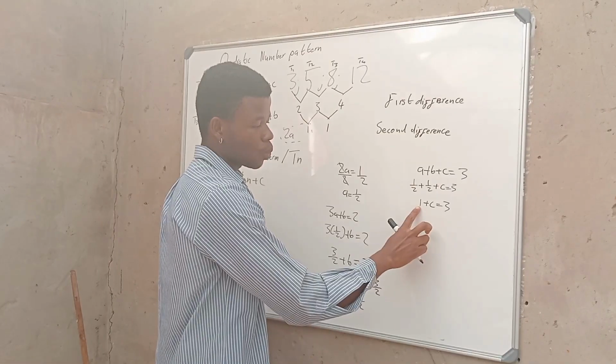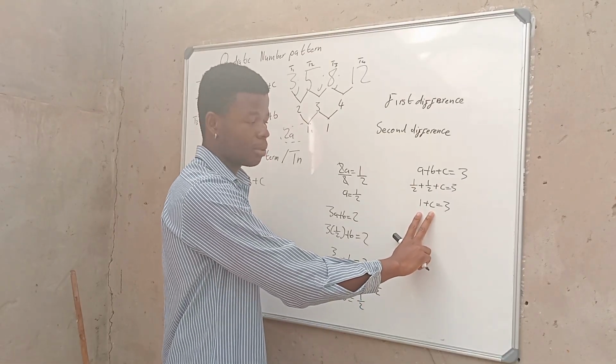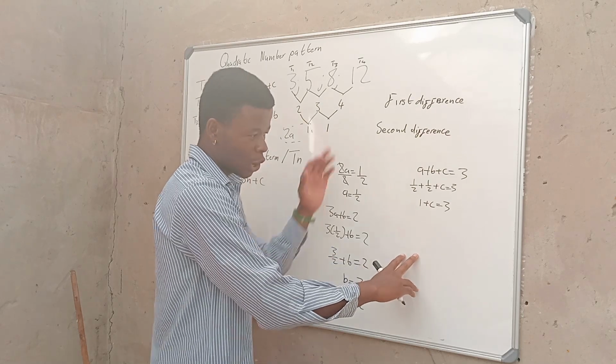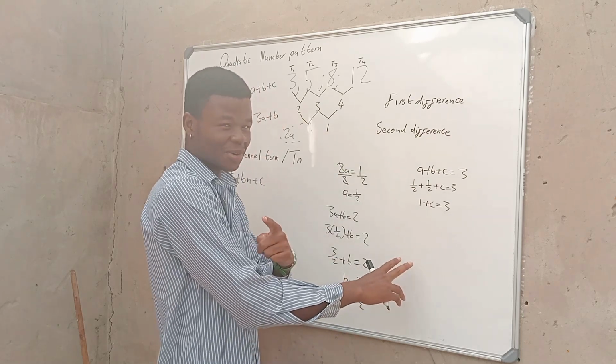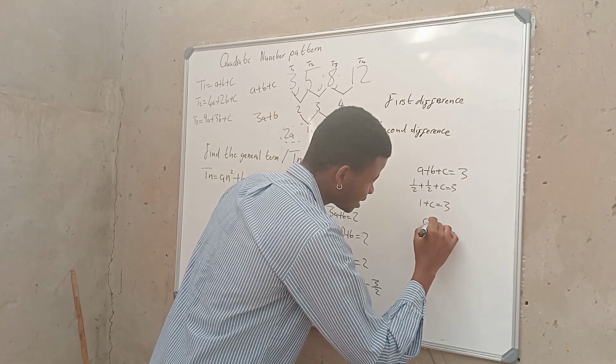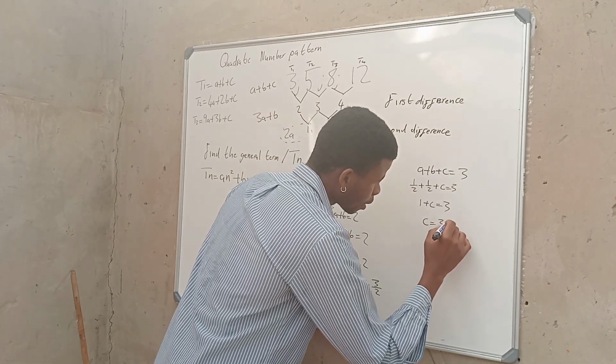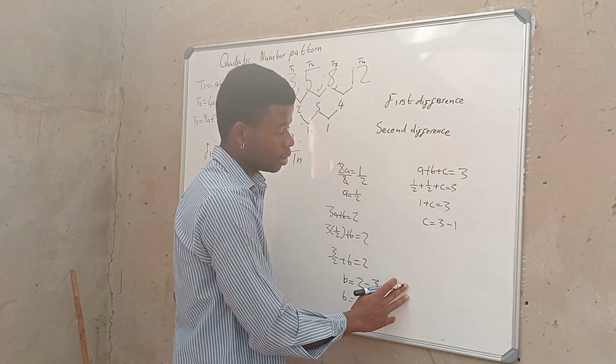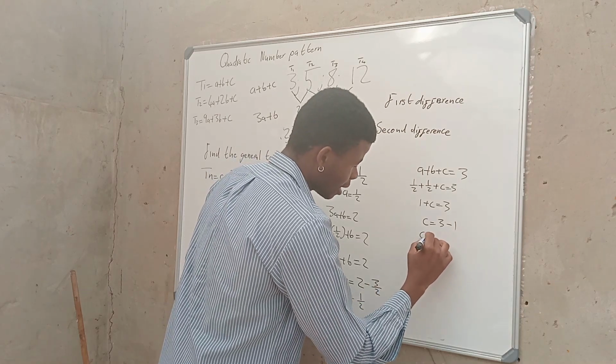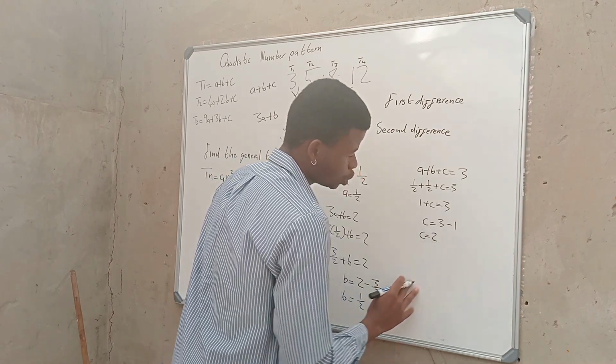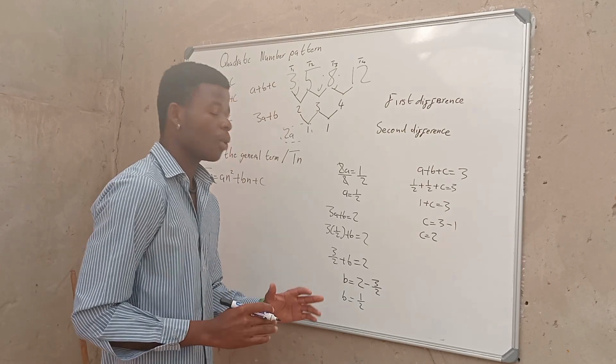What is the sign between 1 and c? It is a positive, so you are allowed to jumpisa. Don't ever forget that, right? And then c is equal to 3 minus 1, which is 2.